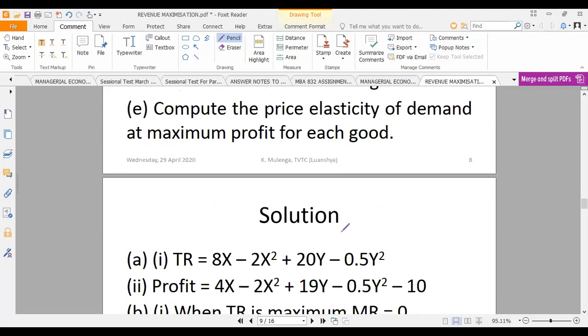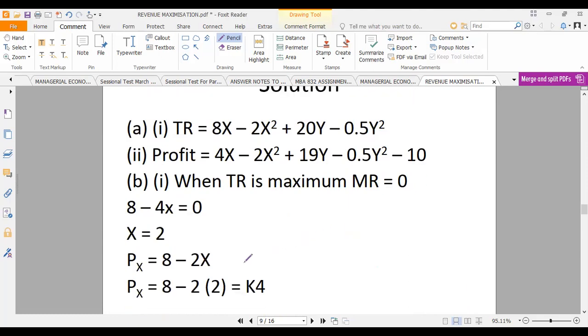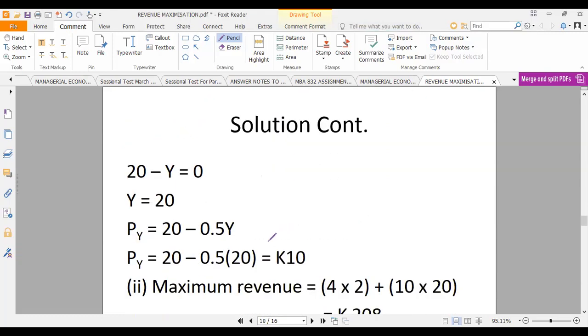Okay, so let's see. Here we found 4 kwacha and how many units? 2 units. Here you find 10 kwacha and 20 units. That's correct.